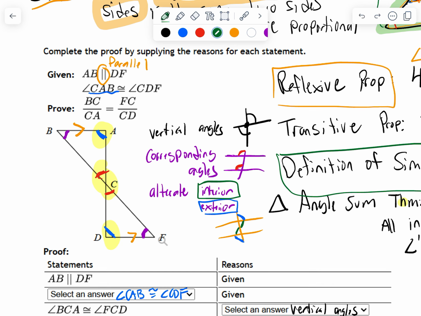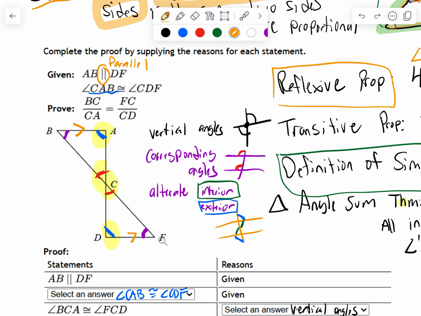Now, the end goal here is to prove this thing. What the heck does that mean? Well, BC is this line. CA is this line. So it's going to be kind of like that. I'm not going to say hypotenuse because we don't know it's 90 degrees, but that longer diagonal side of the triangle to one of the straights, right? Comparatively to FC, that diagonal on the triangle to the straight, these are proportions, right?